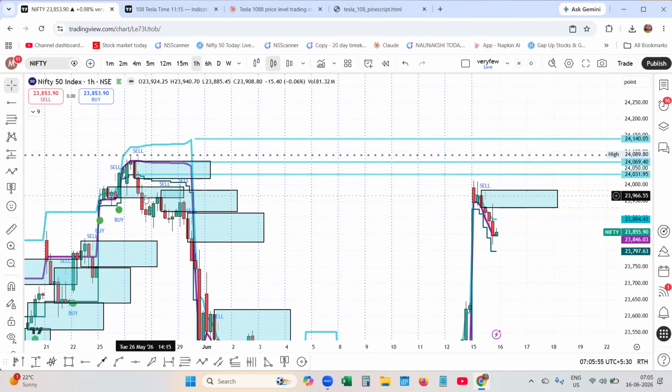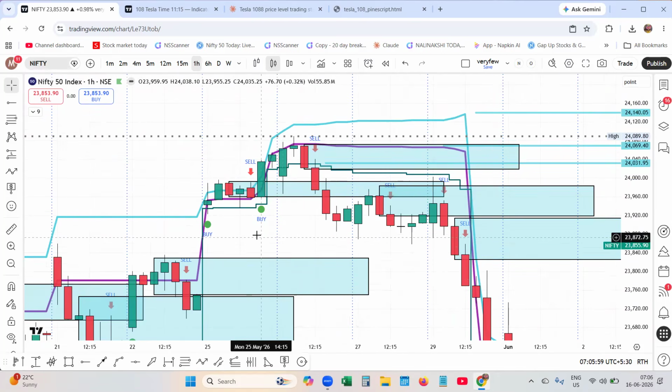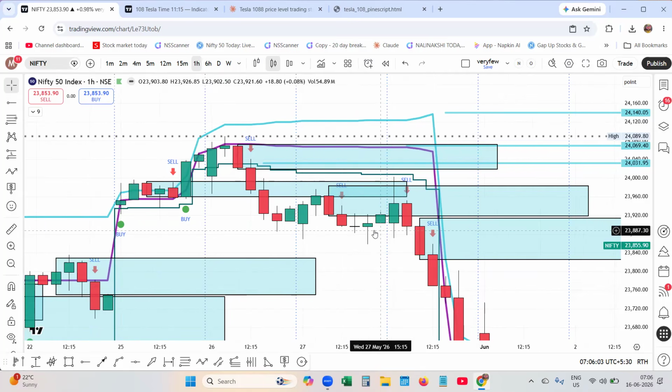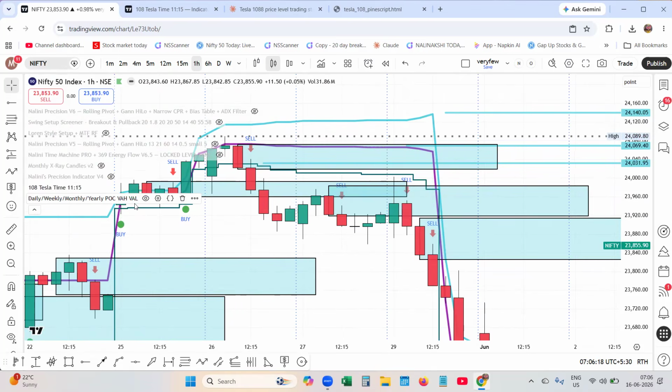Tesla time zone, how many days are there? Here, 1, 2, 3. Since I am on the hourly time frame, this is exactly where a call writer could have written the position, where the market is coming down.